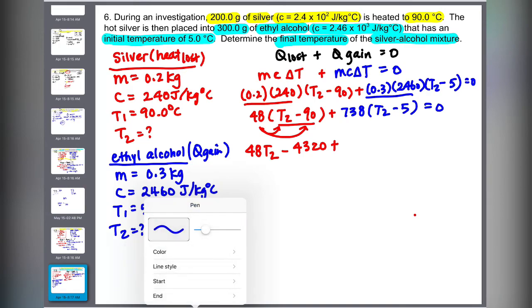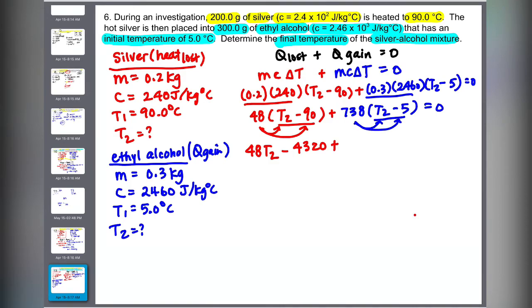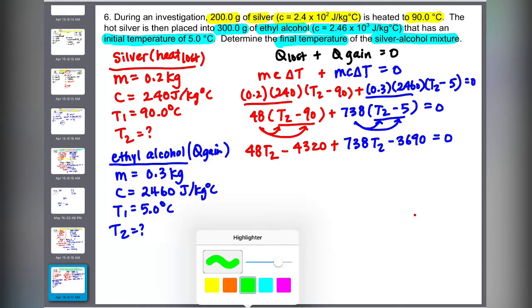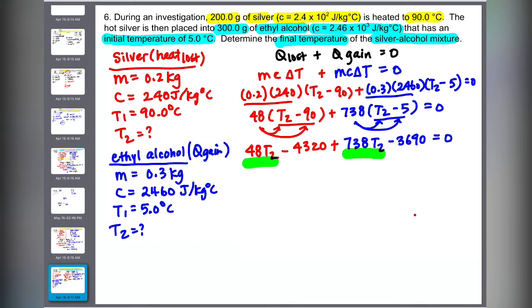Adding, I'll do the same thing. There is a binomial, meaning I need to expand this out. So 738 T2, and then take your 738 and times it by your minus 5. So 3690 equals 0. The next thing you need to do is collect your like terms. T2 and T2 are your like terms, so I have 48 plus 738.